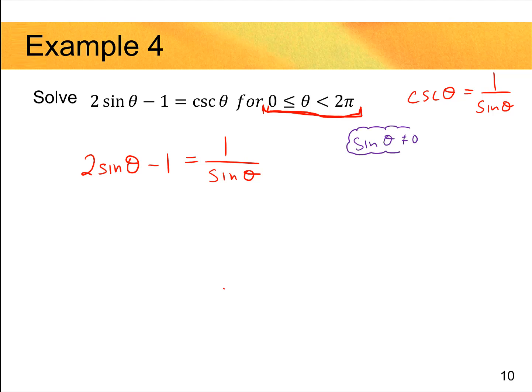That's not possible for us to have. Now let's clear our denominator. We're going to multiply both sides by sine theta, and the reason we're doing that is so that we can cancel this right here. That's the whole point.